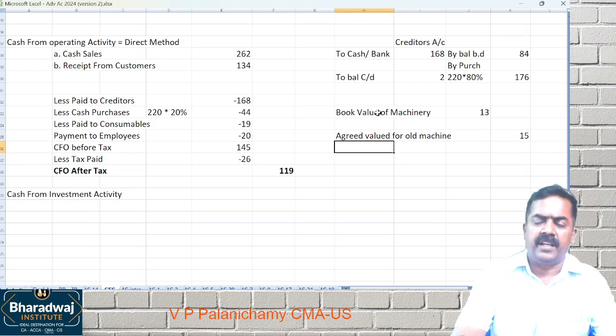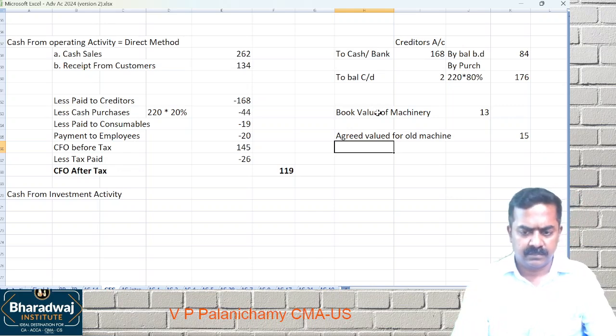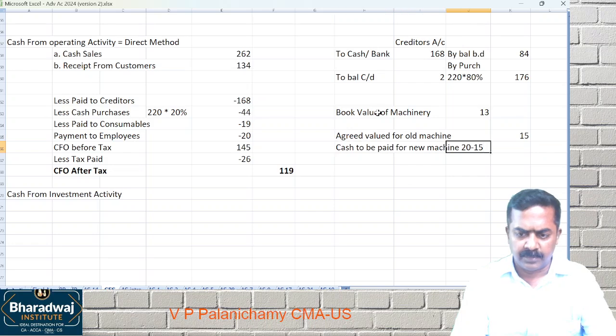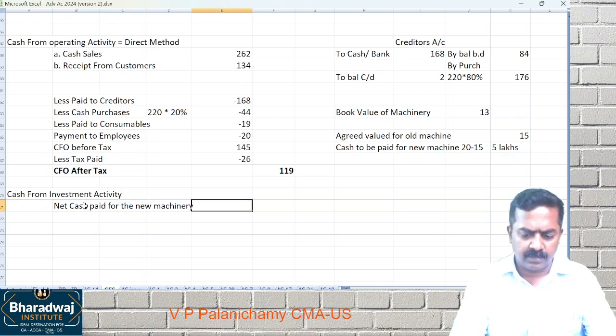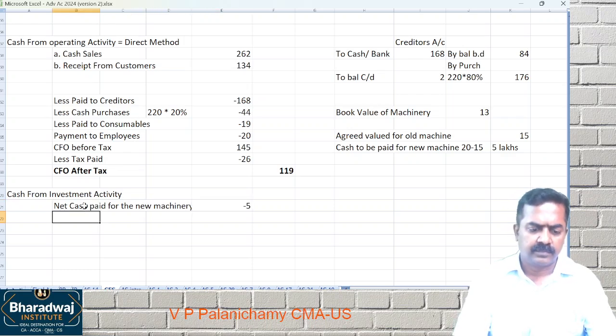What is the cash paid for the new machinery? 20 lakhs minus 15 lakhs. How much to pay? 5 lakhs. So 5 lakhs minus 5.